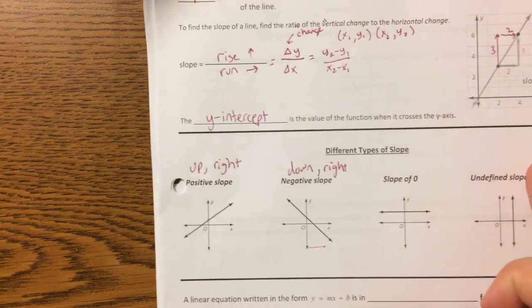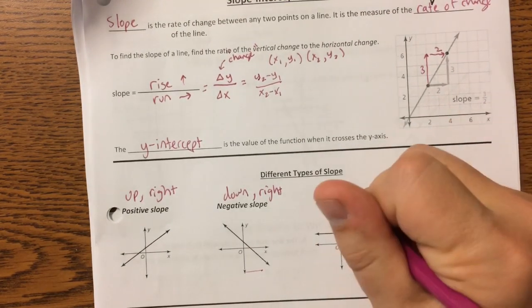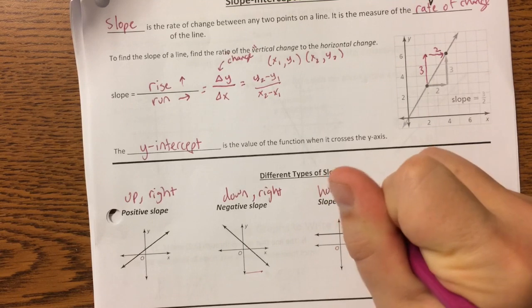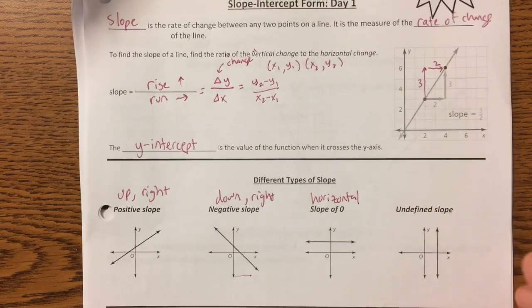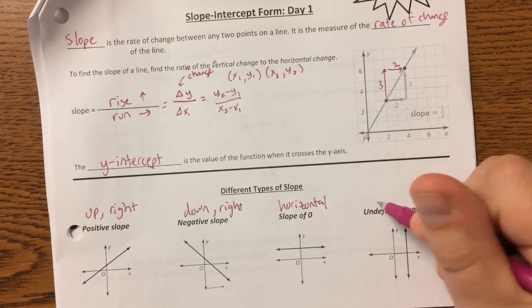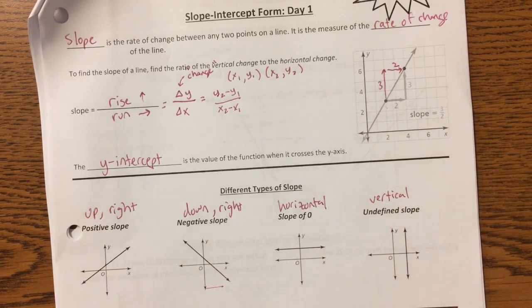If it's a horizontal line, like it's just going left and right, then you have a slope of 0. The slope is just 0. If you're going up and down, the slope is undefined. So if you have a vertical line, the slope has no value. There is actually no slope.